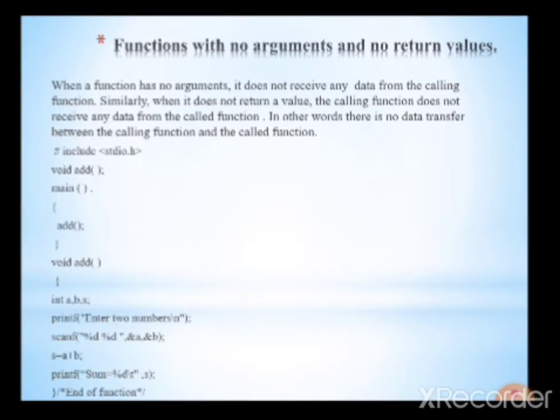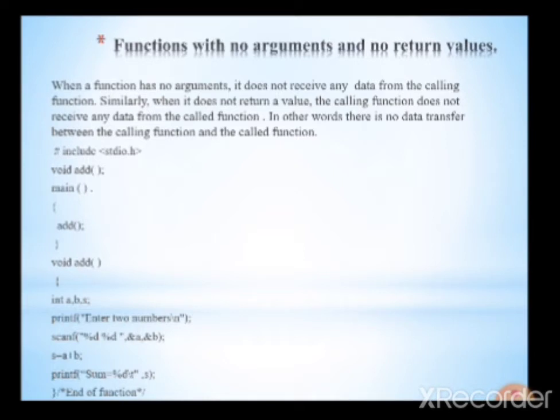First we'll see function with no argument and no return value. While declaring the function, the data type is mentioned as void and the function name, and inside the parenthesis no value is passed. In this category there is no communication between calling program and called program.